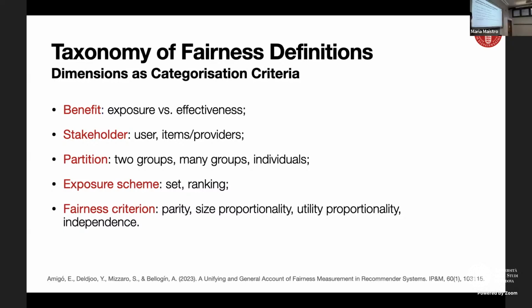Then you can have different definitions that differ on the stakeholders, as I said, like user side or consumer side versus item providers. In partition, if you go to two groups, many groups, and so on. How you define exposure, if it's set-based, rank-based, and so on. And the criteria type, so if it's proportionality, sign, utility, and comparison of distributions, and so on.